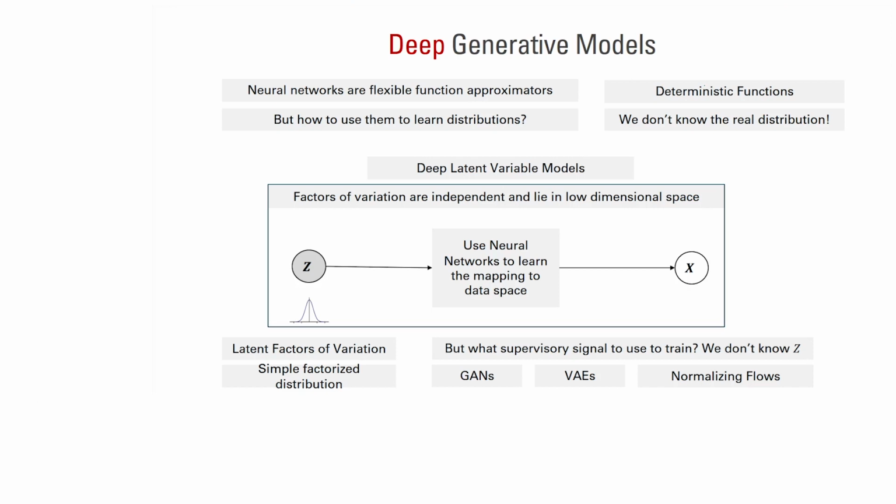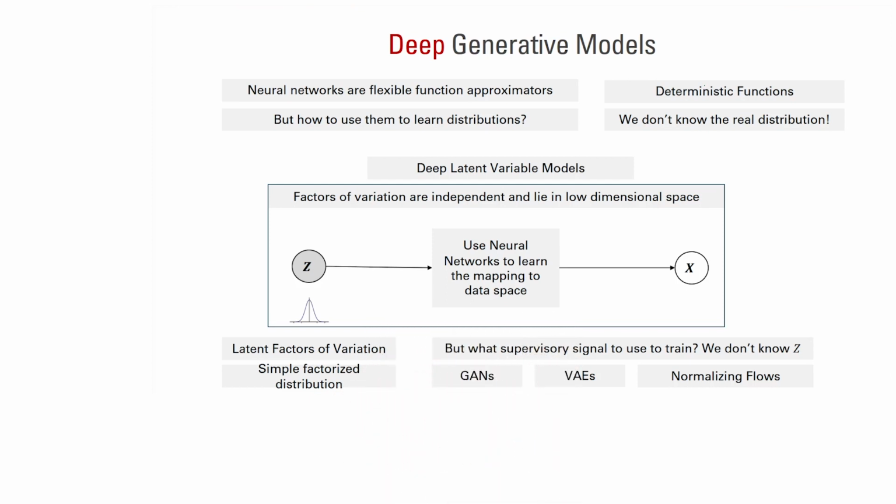So many of these models can be broadly classified under what are called deep latent variable models. If you think about any data distribution, when you're talking of a generative model, there are factors that cause variation in your data.